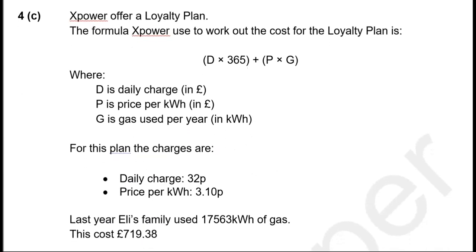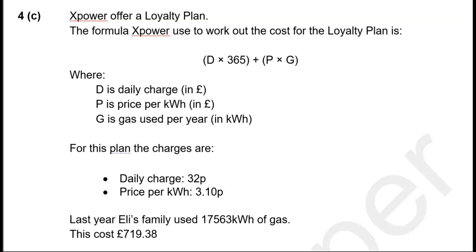X-Power for a loyalty plan. The formula X-Power used to work out the cost for the loyalty plan is D times 365, all in brackets, add in brackets P times G, where D is daily charge in pounds, P is price per kilowatt in pounds, G is gas used per year in kilowatt per hour.